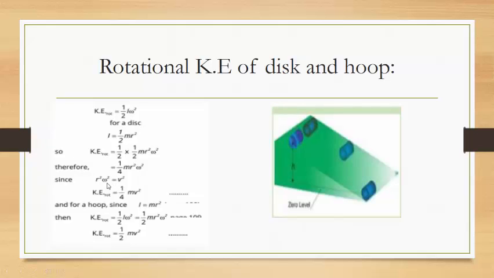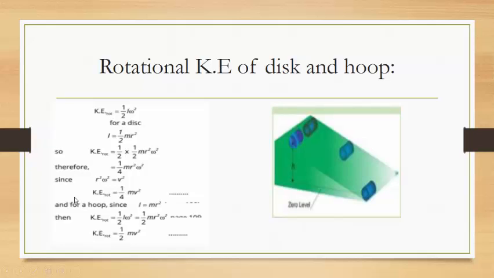We know v square is equal to r square omega square. So we replace this r square omega square by v square, and this is the final relation for rotational kinetic energy of a disk, which is equal to 1 by 4 mv square.